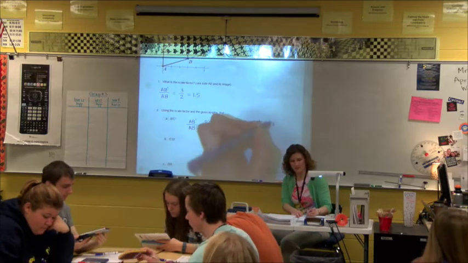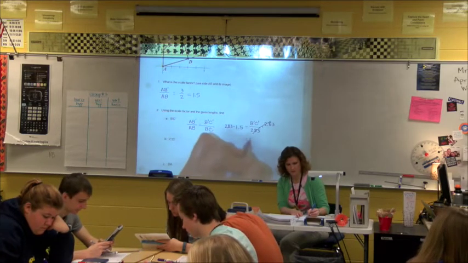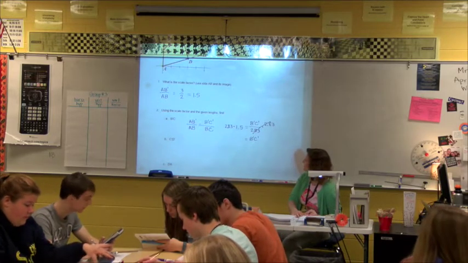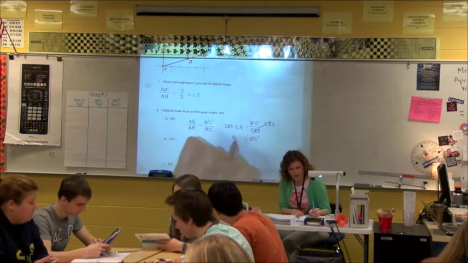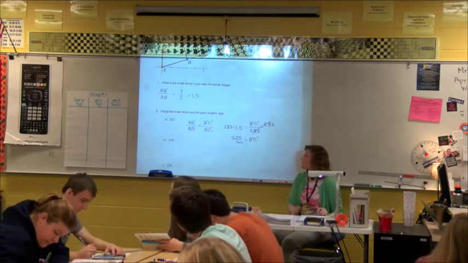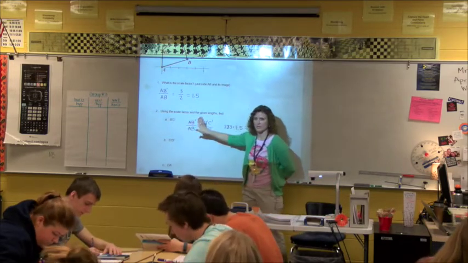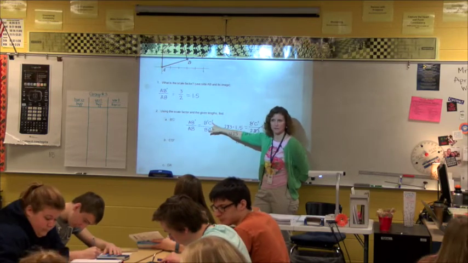Because on my right-hand side, my 2.83 over 2.83 simplifies to 1. So I'm left with B prime C prime. And then what's my left-hand side going to equal? So 4.25 centimeters. So I've used the concept that this ratio is equal to this ratio to help me find my missing side length.